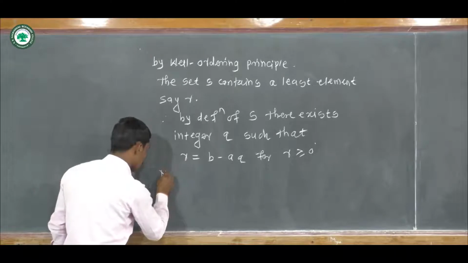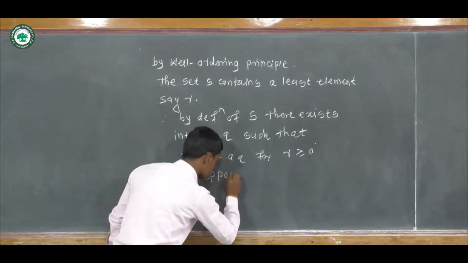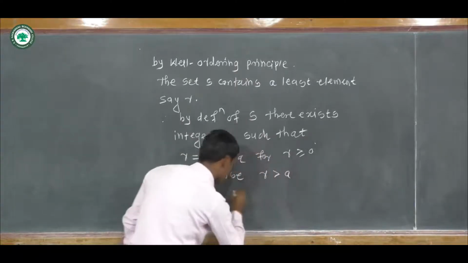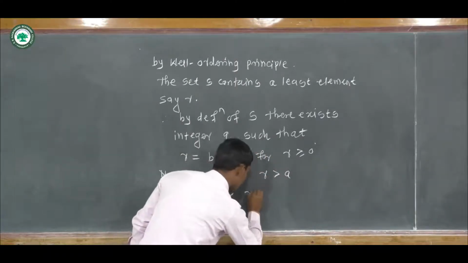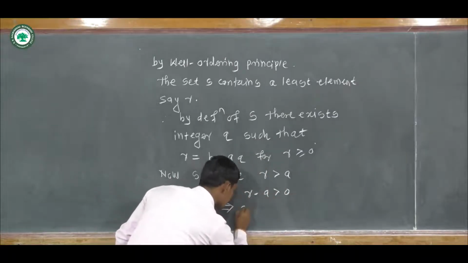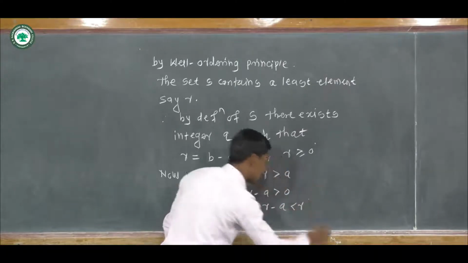Now suppose r is greater than or equal to a, which implies r minus a is greater than or equal to 0. So again this implies 0 is less than or equal to r minus a, which is less than r.